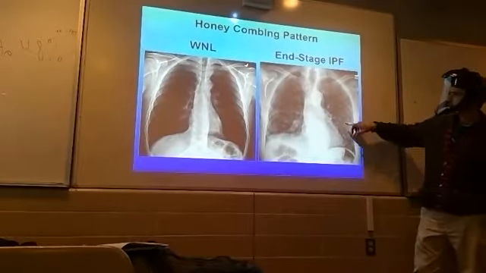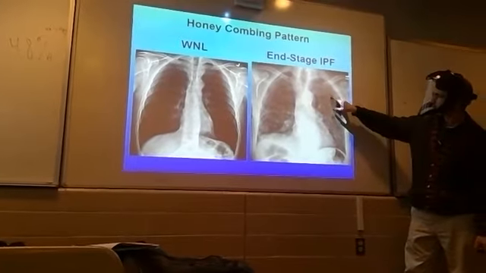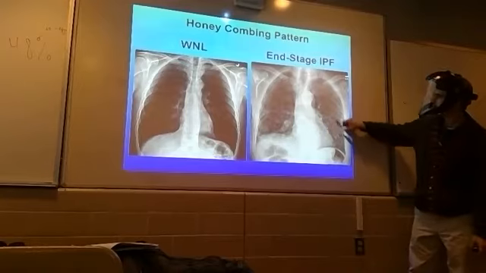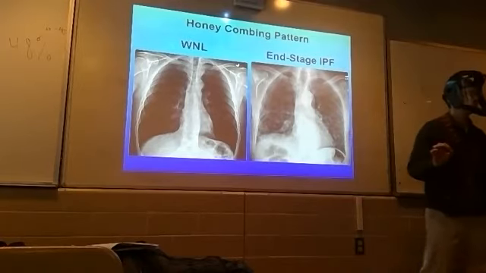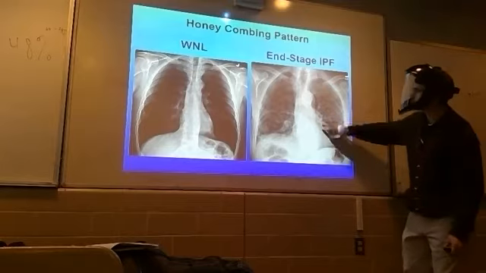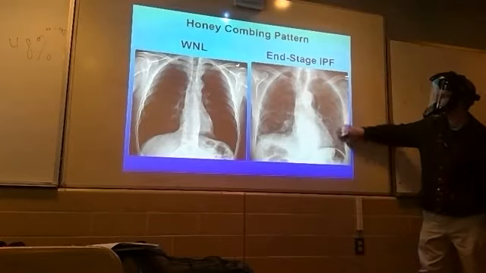Now, if you look carefully, you can see there are a lot of lines in here. It's kind of a reticular pattern, a web-like pattern. That's consistent with interstitial disease that affects the interstitial lung as opposed to the air spaces of the alveoli themselves. We're going to talk about more of that later, but this is typically an interstitial pattern caused by scarring of the interstitium.